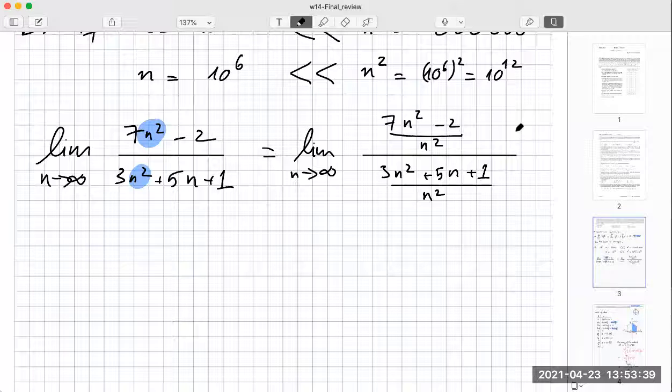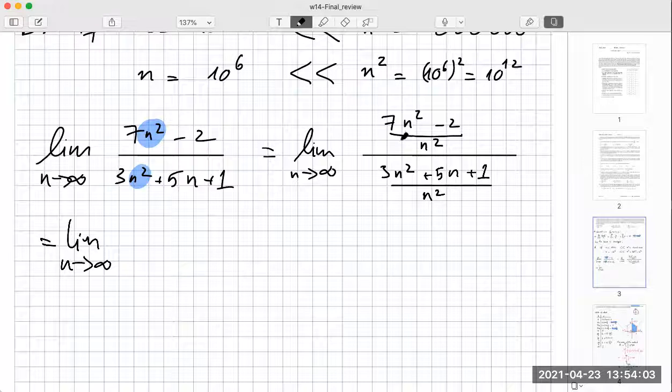But if the degree of the numerator is higher than the denominator, when n becomes large, it will be a very big number divided by a smaller one. It is going to infinity. So anyway, that is what we guess.